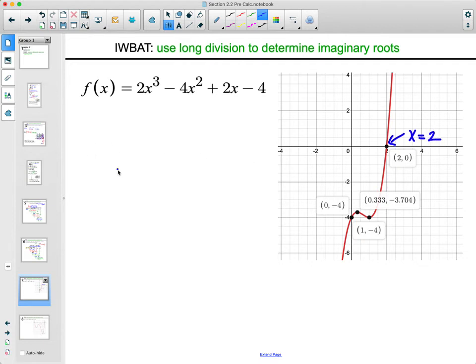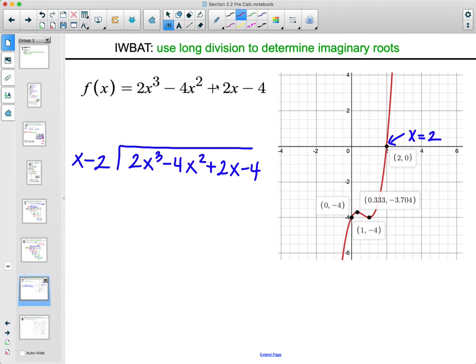And you're going to divide that factor into this polynomial. Remember that if the 0 is 2, then the factor is x minus 2. So what times x gives me 2x squared, or cubed?